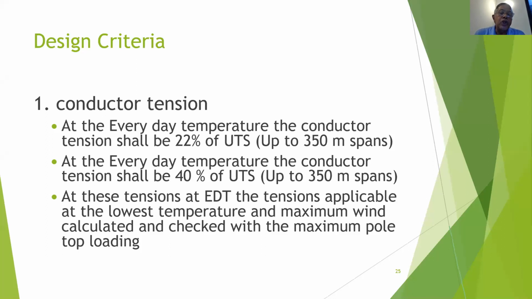The UTS divided by 4.5, or multiplied by 22%, would give you the allowable everyday stress at the everyday temperature.